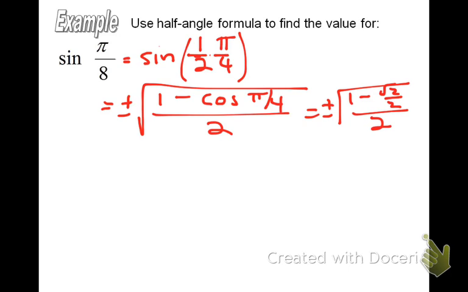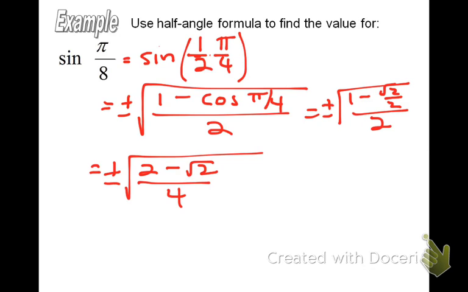And simplifying all those fractions there would give you plus or minus the square root of 2 minus root 2 all over 2, which is still divided by 2, so that's a total of 4. And you can simplify that because you can take the square root of 4. So you would have plus or minus the square root of 2 minus root 2 over 2, and that 2 is no longer in the radical.